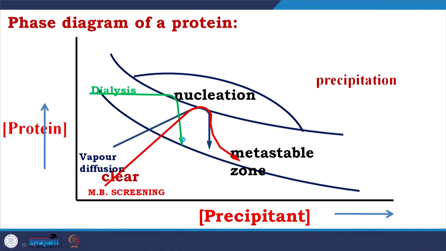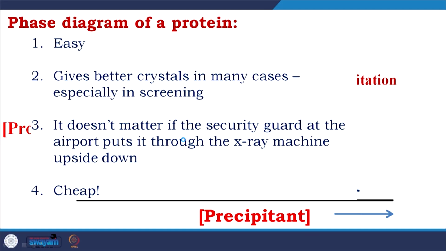Then microbatch screening, and you see how they put it, it is easy and gives better crystals in many cases, especially in screening. It does not matter if the security guard at the airport puts it through the X-ray machine upside down, because of the oil layer there is no chance of the drop changing its shape or position, and it is cheap.